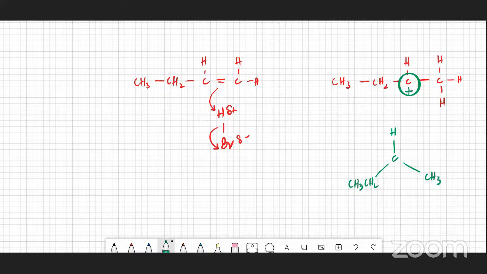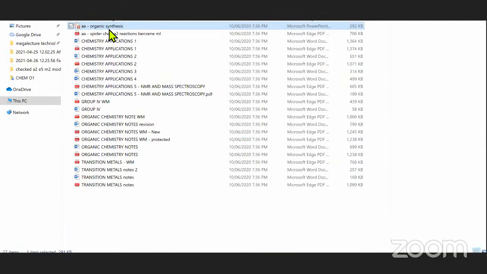So this is fan shaped, trigonal planar, 120-degree angle, and the carbon is positively charged. In the next step, the Br- would come in. It could attack this carbon atom from the top, or from the bottom. In both cases, it would result in 2 different optical isomers, just the way I showed you over here.